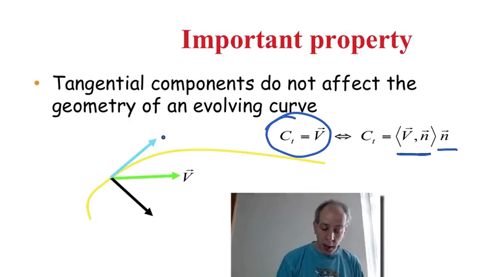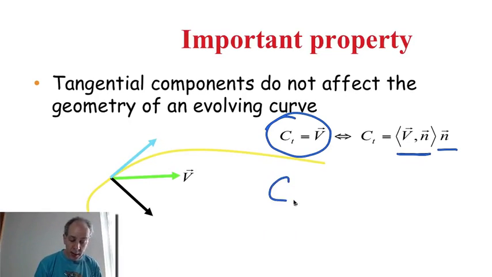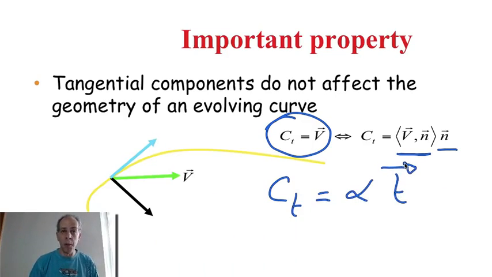For example, if I have a motion like this, ct equal to some function in the tangent direction, so no normal component, this does not change the shape of the curve at all. It's only like making a lot of effort around the curve, but not changing the curve at all. So the general deformations are in the normal direction.